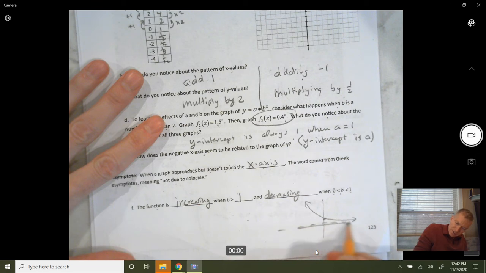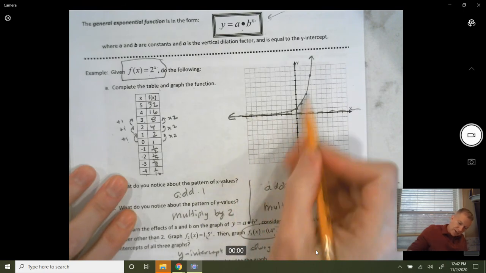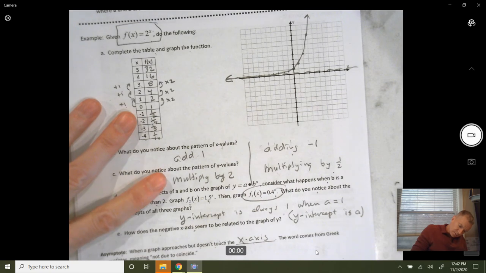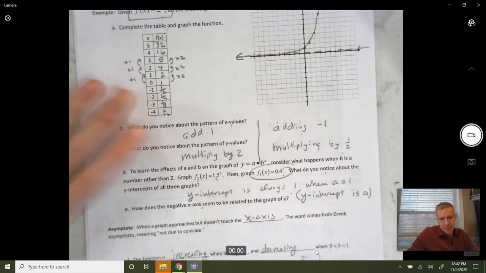You're still never going to touch it, but it's decreasing going left to right instead of increasing going left to right. Okay? And this is all assuming your a value is positive. Okay? And that's all for now.